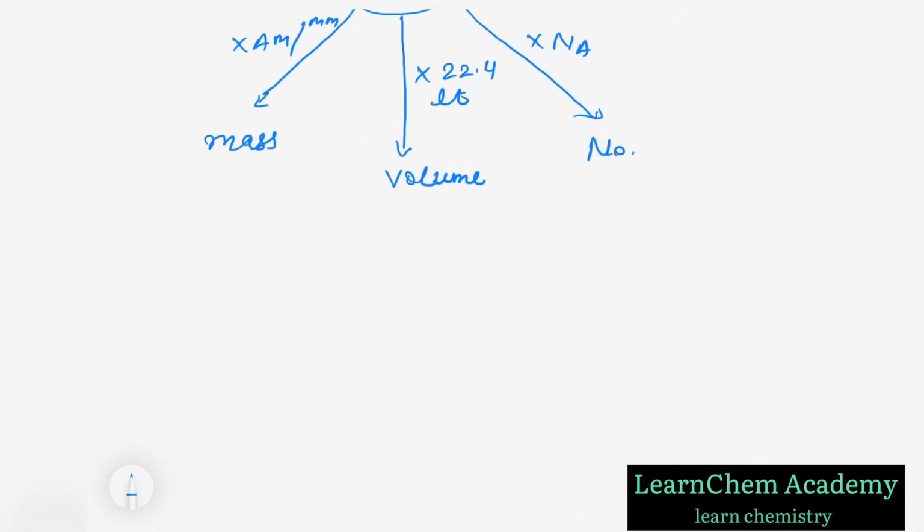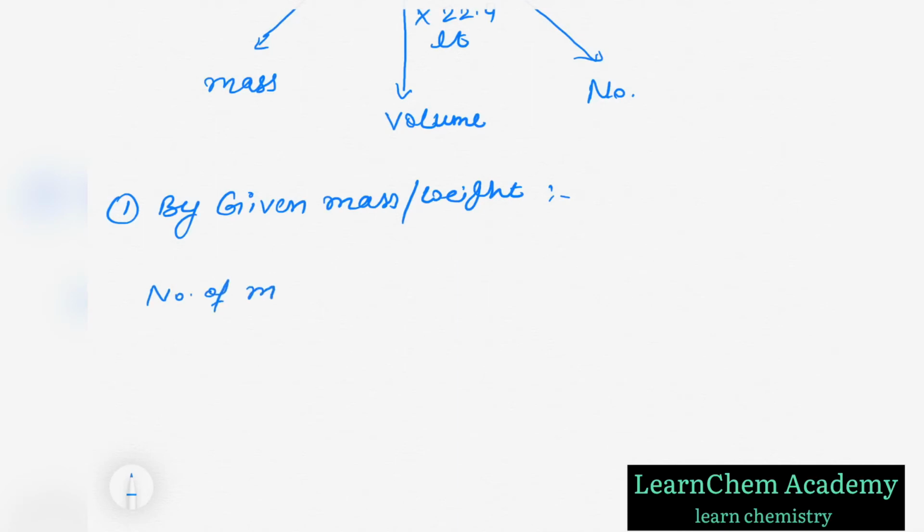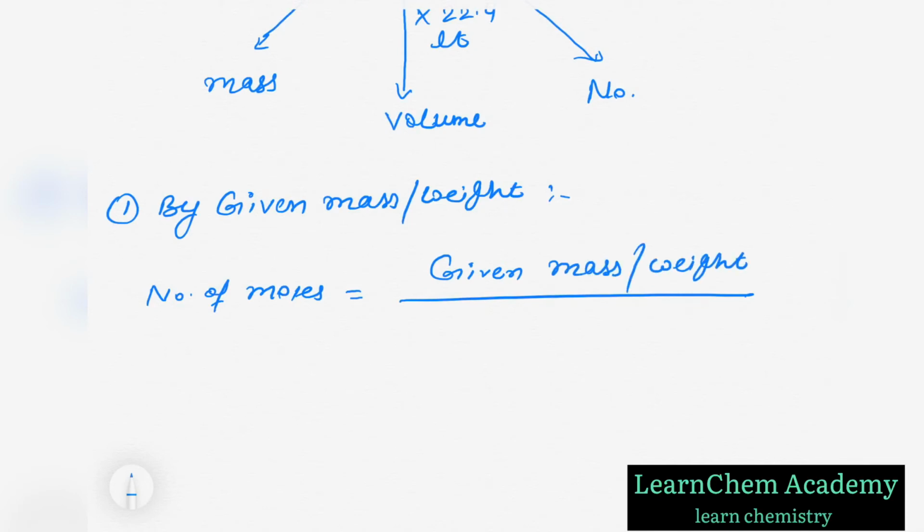So if we want to calculate the number of moles by given mass or weight, we can write: number of moles equals given mass or weight divided by atomic mass or molecular mass.